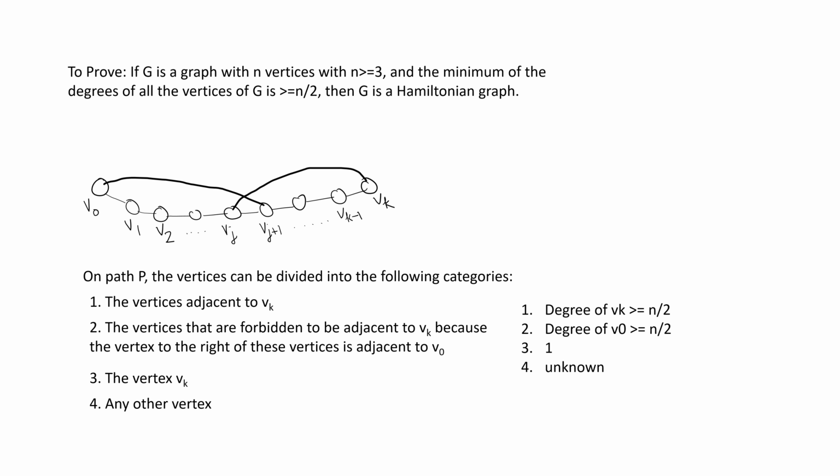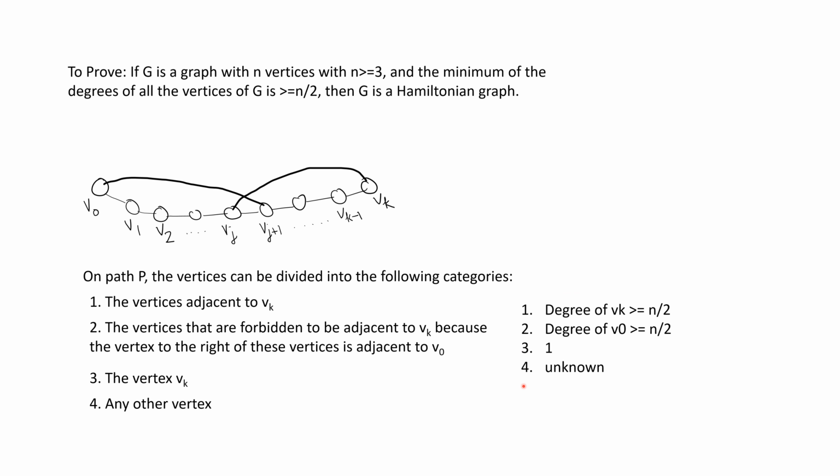The number of vertices in category 2 will be the degree of V0, and in the third category there will be only one node, which is vertex Vk. The fourth category will have an unknown number. We know that the degree of Vk is greater than or equal to n by 2. We also know that the degree of V0 is greater than or equal to n by 2, because this is given in the theorem.